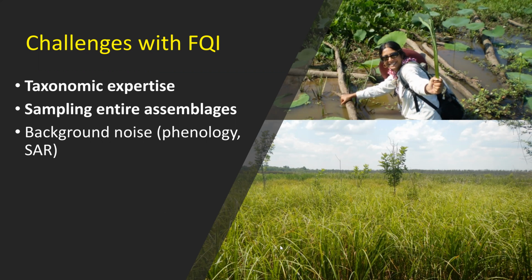Now, if this is a sedge that happens to have a high C value, and you're going out to sample in June or July, it's already done flowering. There's no way that you're going to know what it is, and thereby you're missing a huge component. Now, there are people out there that I have gone with in the field that are experienced and can identify a lot of things vegetatively, but ultimately not everything can be identified vegetatively.